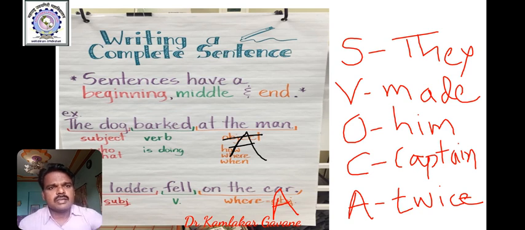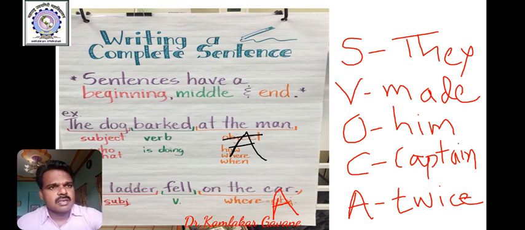Now look at the screen here. Writing a complete sentence. If you want to learn how to construct sentences in English, then you should know the parts of a sentence. Basically there are 5 parts of a sentence.